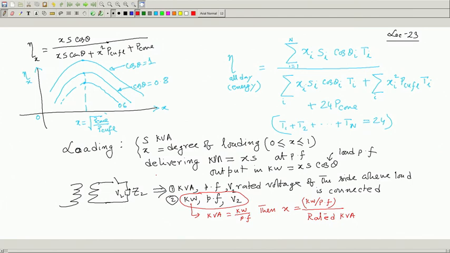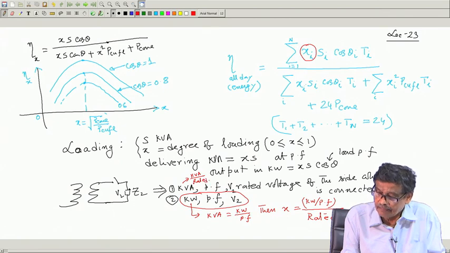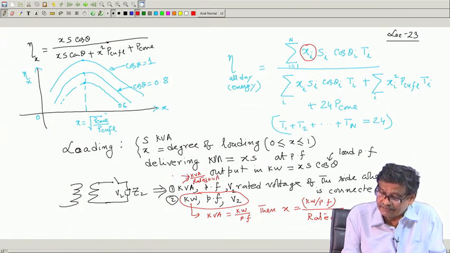In terms of kVA, power factor and degree of loading, this x is to be known. If the load is specified, the value of x will be simply this kVA, whatever it is, divided by rated kVA. That will be your x here.